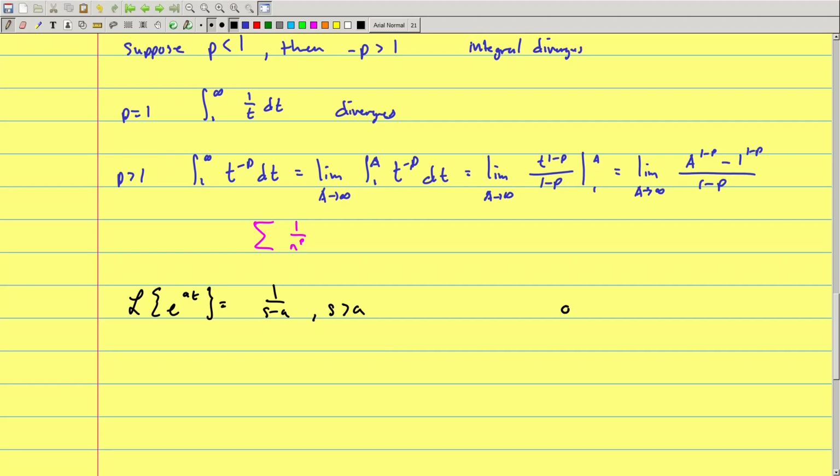Now, if a is 0, we get 1 because e to the 0 is 1. Okay, so this still works.